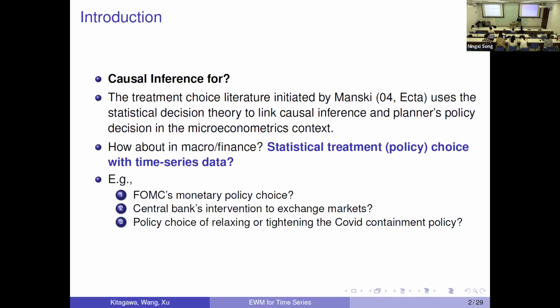In this paper, we want to study time series data and extend his approach to this time series context. And there are a lot of motivating examples. For example, the Federal Open Market Committee's monetary policy choice, or the central bank's intervention in exchange rates, or the policy choice of relaxing or tightening the COVID containment policy.